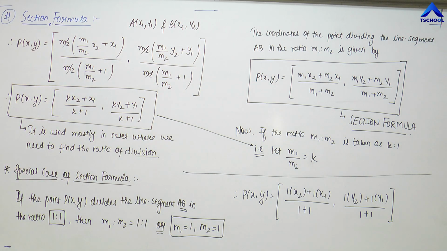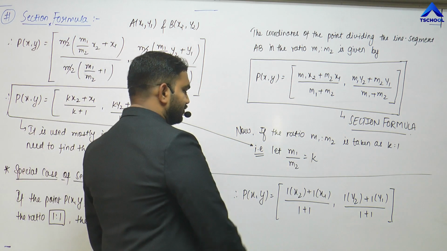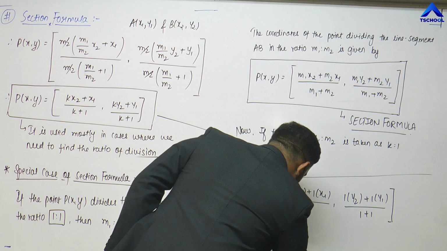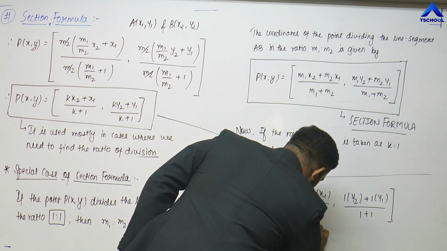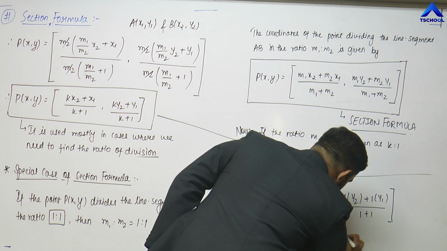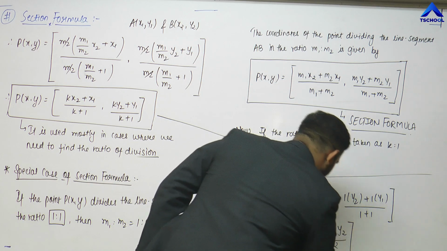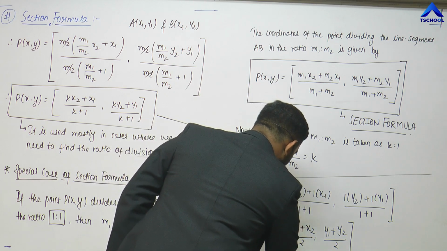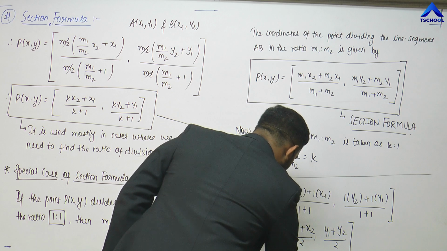I have replaced all m1 by 1 and all m2 by 1, so that is 1 into x2 and 1 into x1, which becomes (x1 + x2)/2, (y1 + y2)/2. Yes or no? If I write x1 plus x2 or x2 plus x1, there is no difference.